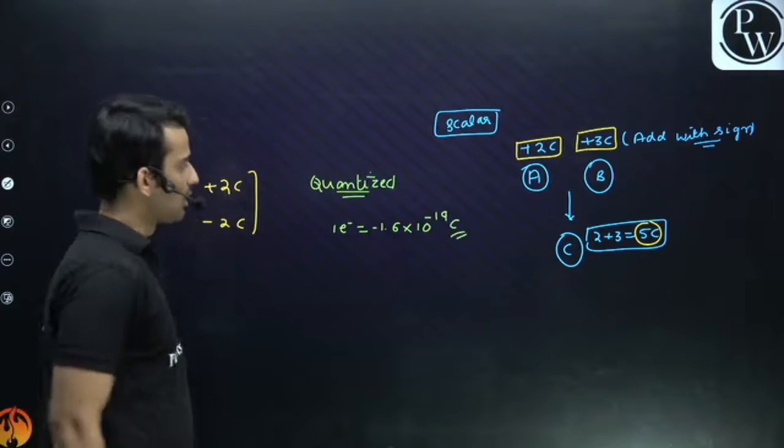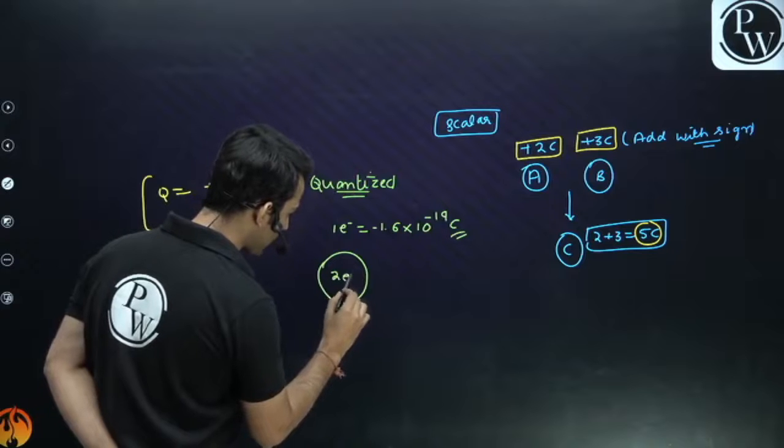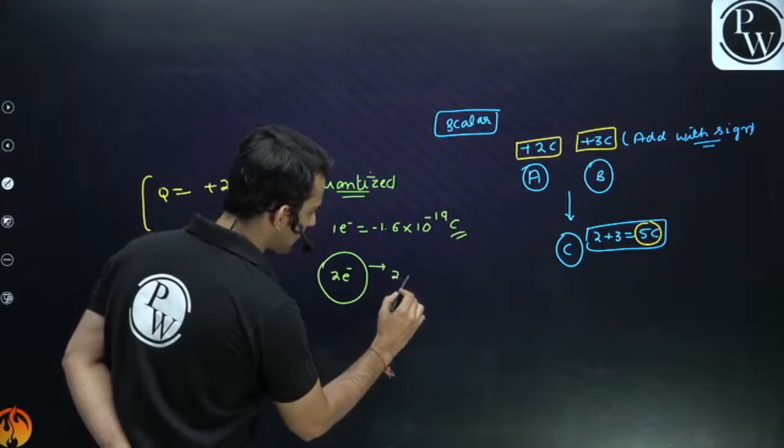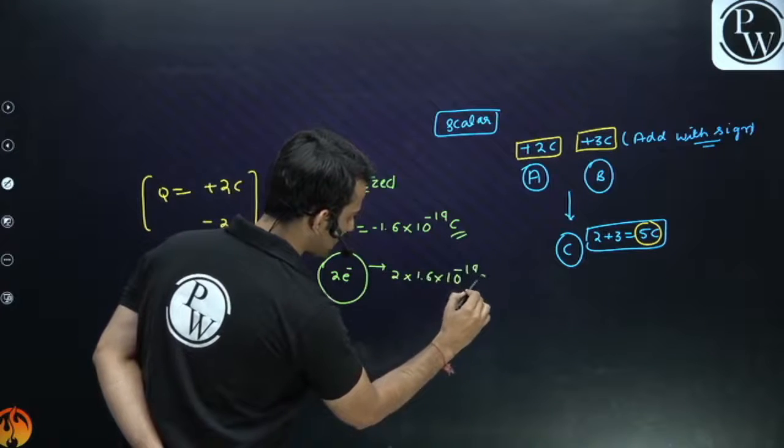right guys? So guys, if a certain body is having 2 extra electrons, that body will be having how much charge? 2 into 1.6 into 10 to the power minus 19 coulomb.